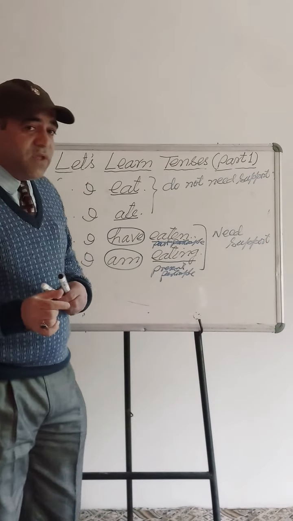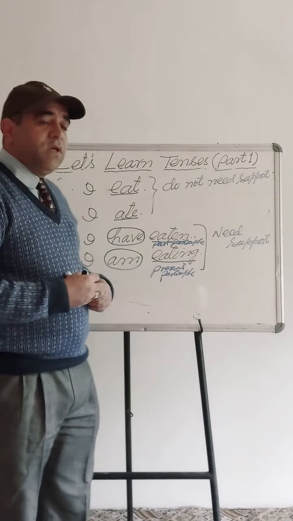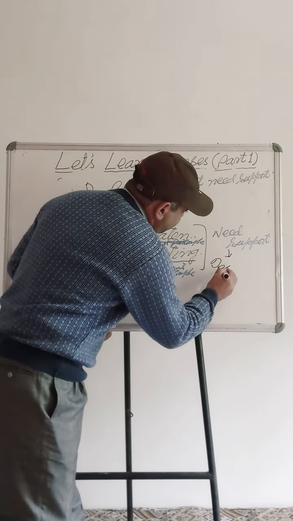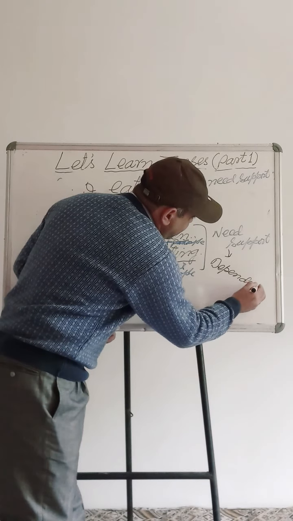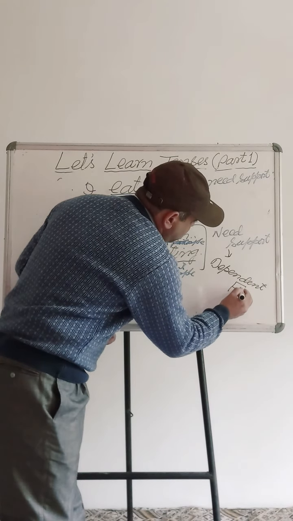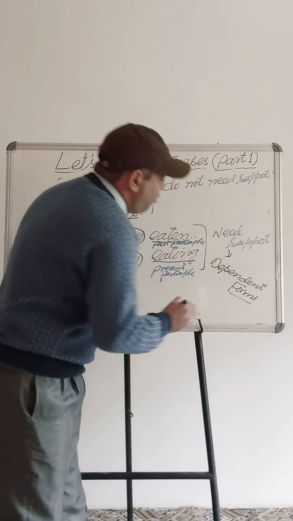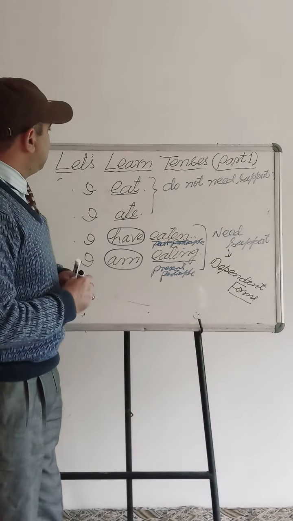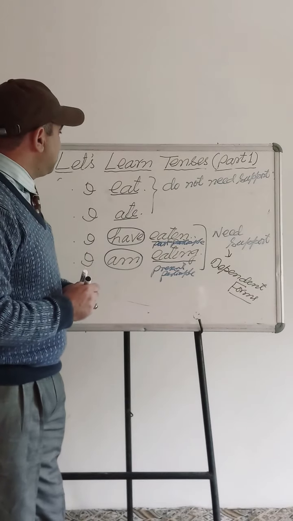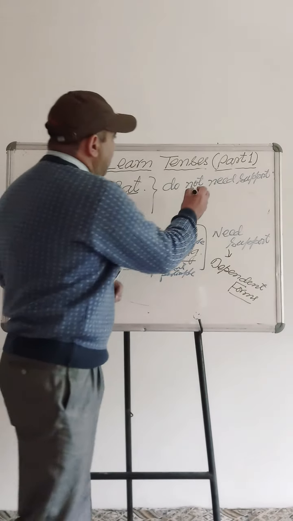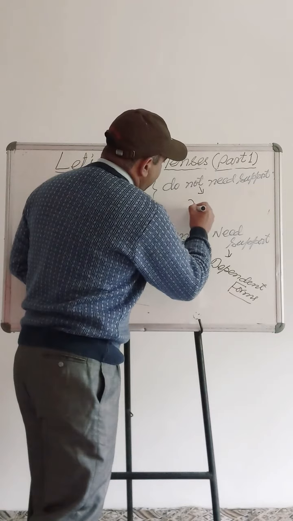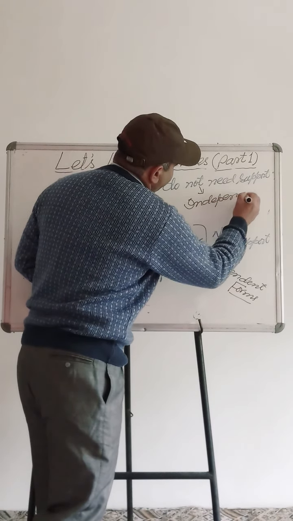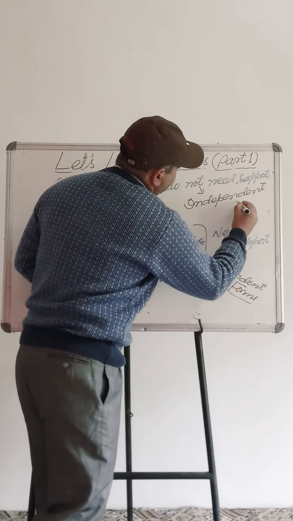The forms which need support are called dependent forms. So participle forms, or derived forms, are dependent forms, while the present and past forms, which are the main forms of a verb, are independent forms because they do not need support for their usage.